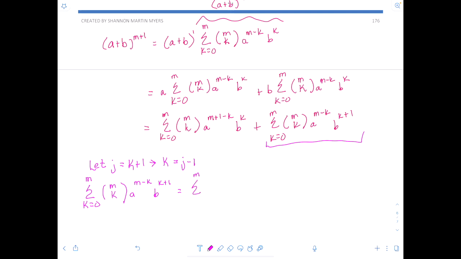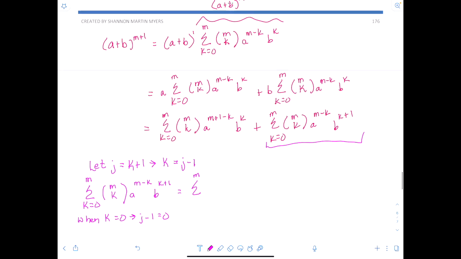It's going to go to m, but let's take a look here. When k equals 0, j minus 1 would equal 0, right, from that equation up there. And so j would therefore equal 1. So j will go from 1 to m.